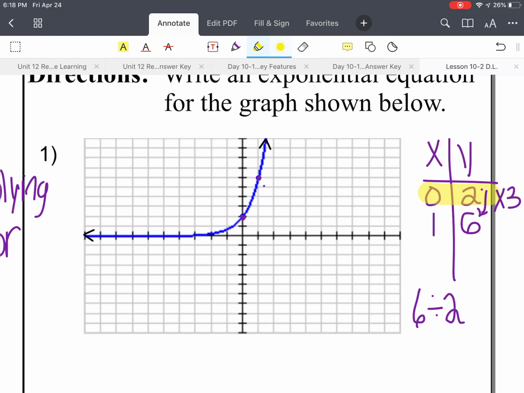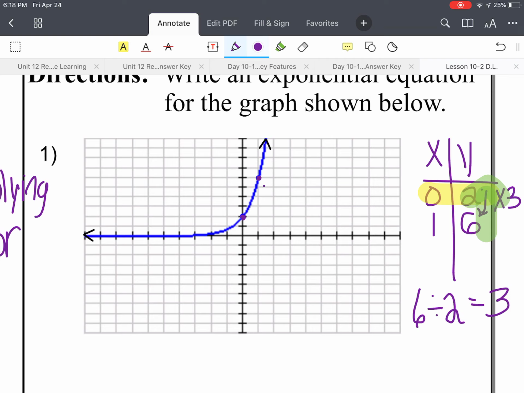So if I want to work backwards and I want to say 2 times what is 6, well then I'm going to go up the chart and I'm going to do 6 divided by 2. Okay, because 2 times 3 does give me 6, and 6 divided by 2 gives me 3. That tells me what the multiplying factor is.